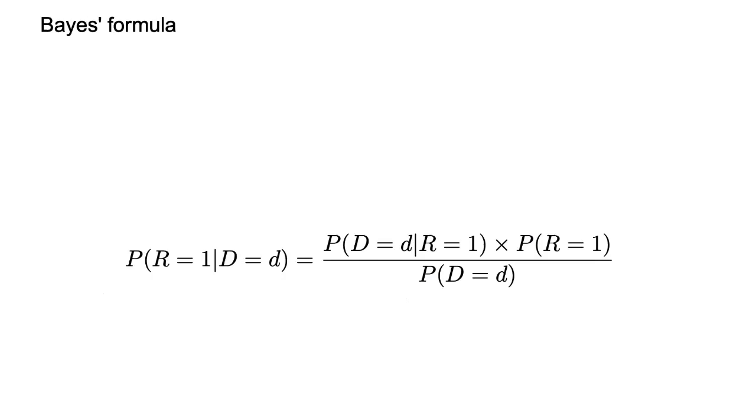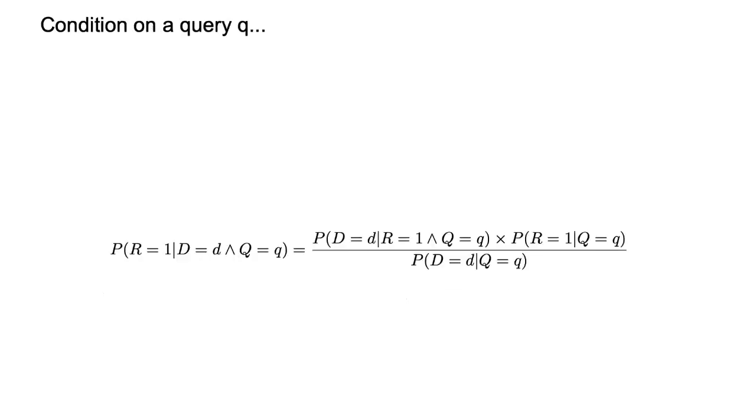For example, if I use the Bayes formula in that way, the probability of relevance given a document, I can just swap. Now it becomes the probability of a document given the relevance, and then with the correcting factors. This is just the Bayes formula, right? Exactly as it is. Now you know that when I have a formula like that, it's okay to add a condition everywhere, the same condition everywhere. So it's okay if I add Q everywhere.